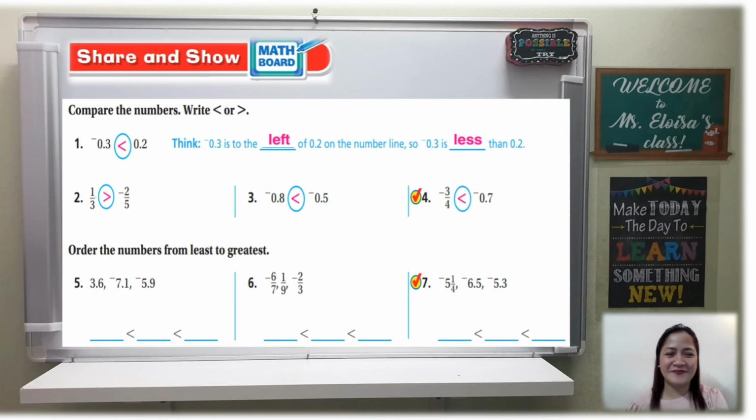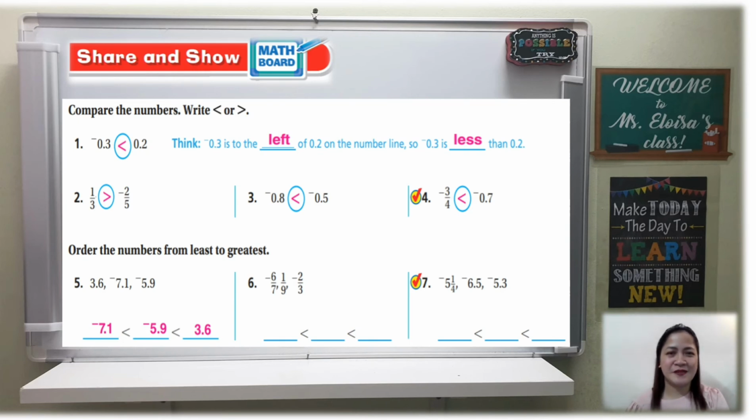Good job. Next, for numbers 5 to 7, we have to order the numbers from least to greatest. So we have 3.6, negative 7.1, negative 5.9. Which is the least number here? That is negative 7.1, followed by negative 5.9, and the greatest is 3.6.